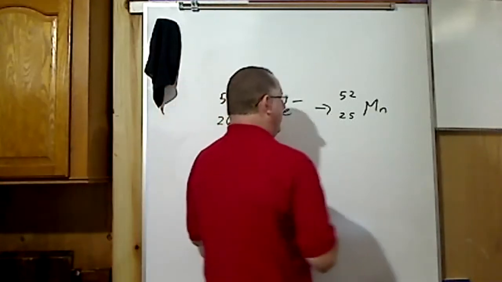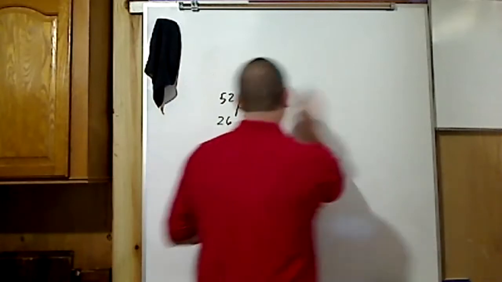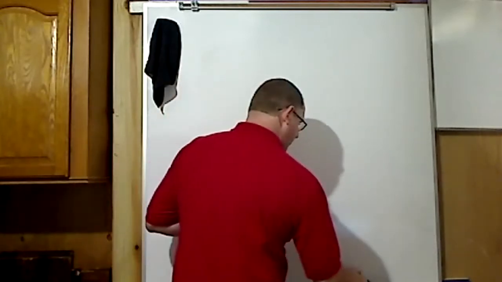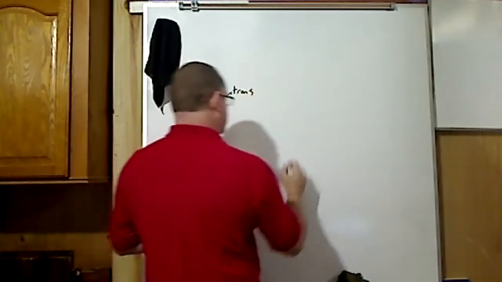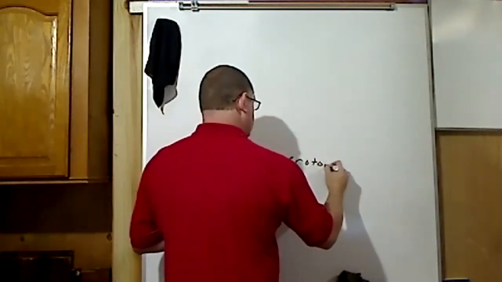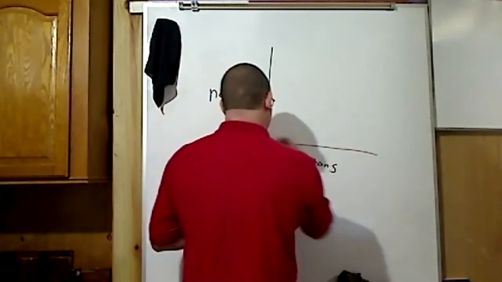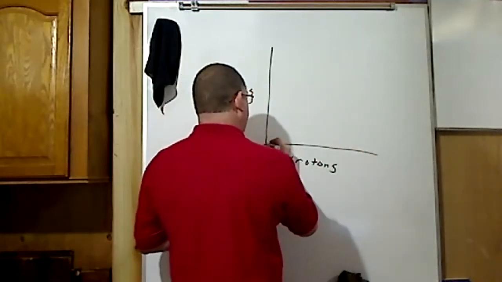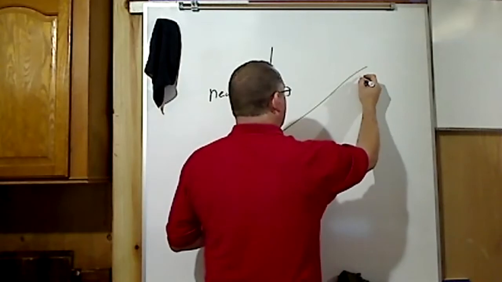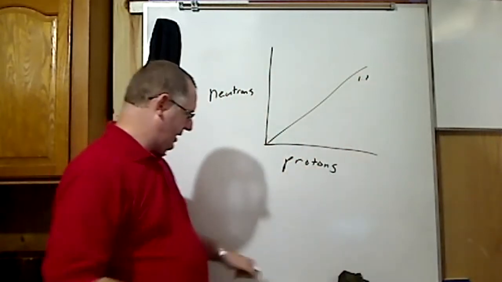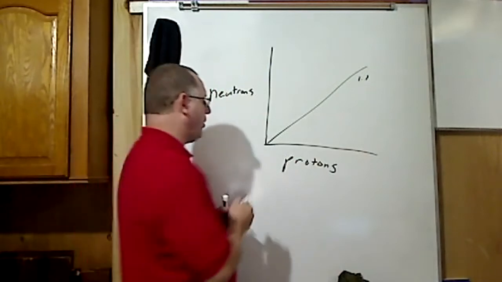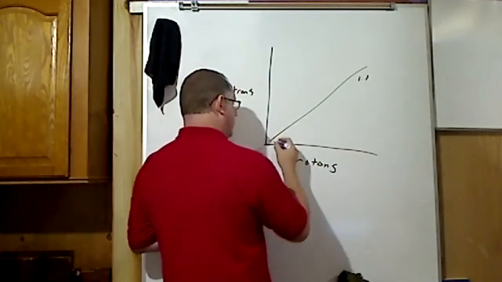And what you see generically is that if this is 1-to-1, we will see that for very small particles, a 1-to-1 ratio is there.